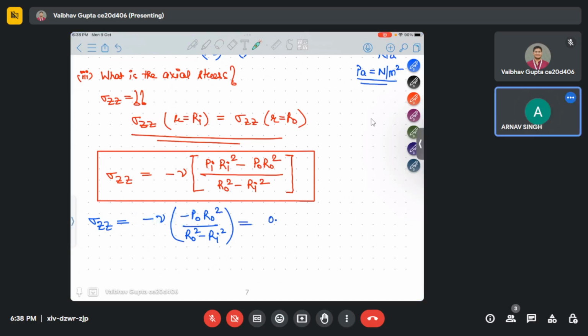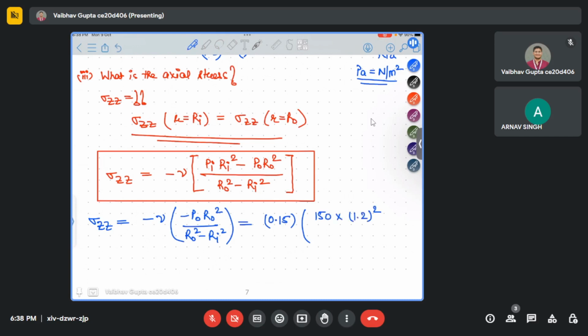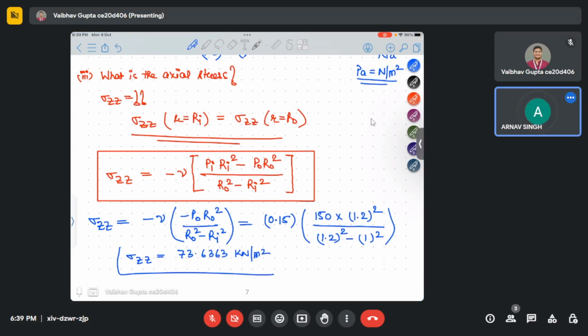So what is Poisson's ratio? 0.15. P naught is 150 into R naught 1.2 square over R naught square minus Ri square. Okay. So sigma ZZ you will get as 73.6363 kilonewton per meter square.